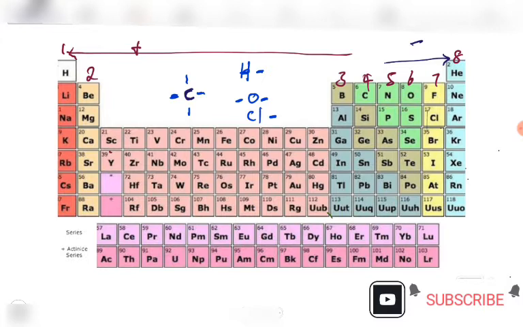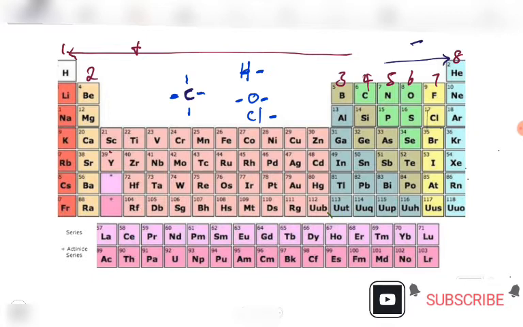Now let's bond them. Carbon needs 4 electrons in order to have 8. An element is stable when it has 8 electrons in the outer shell level. So carbon needs 4, and hydrogen can donate 1.